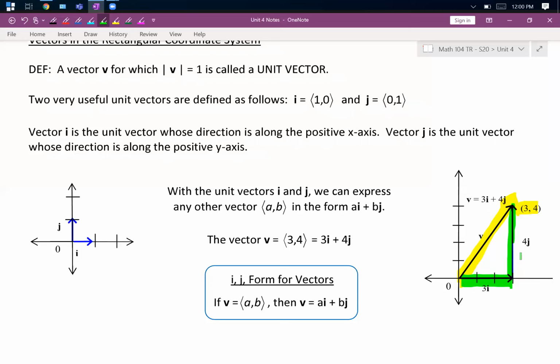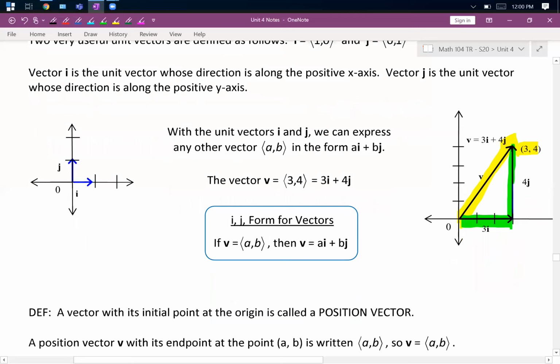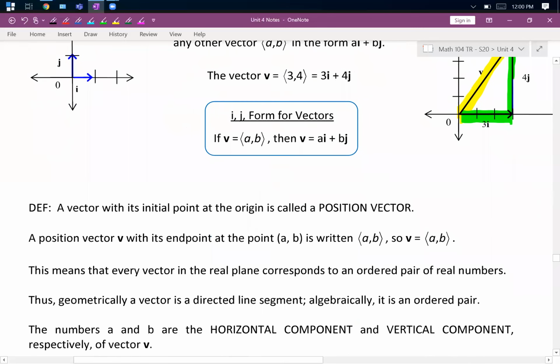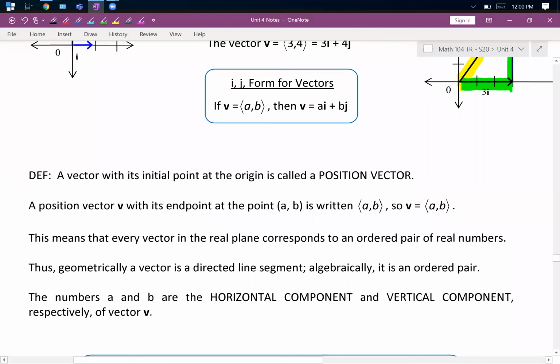So if I need it to be 3, that's going to be 3 times 1. And our unit vector j is going up 1 unit. Well, if I need to go up 4 units, I'm calling it 4j. So any vector v equal to <a, b> can be rewritten as the vector v equals ai plus bj. I usually use this notation. It's less to write.